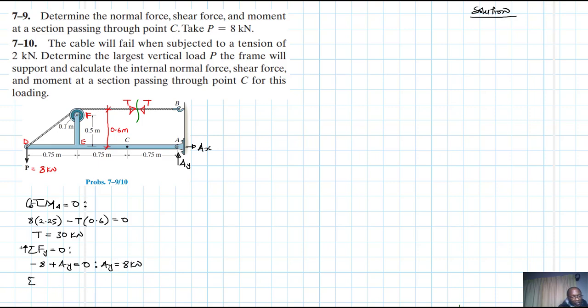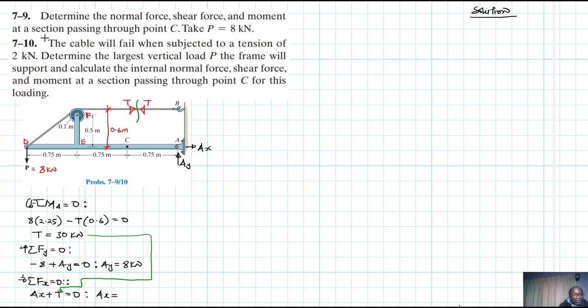And then finally we have summation of forces in the x direction equal to 0. What do we have? We have AX plus T equal to 0. Therefore, our AX is just going to be equal to minus T. Mind you, we already found what T is, so just replace T here.